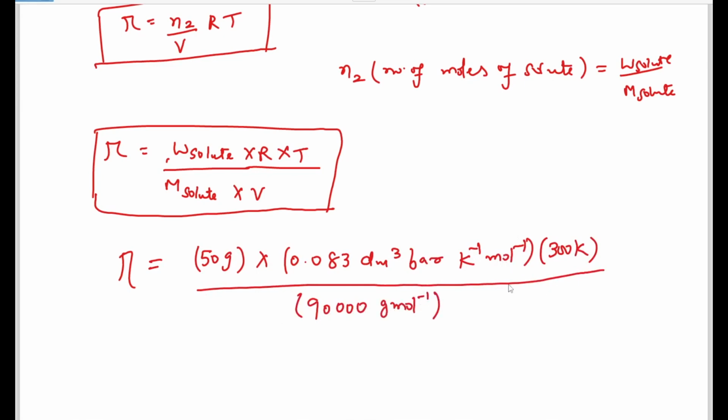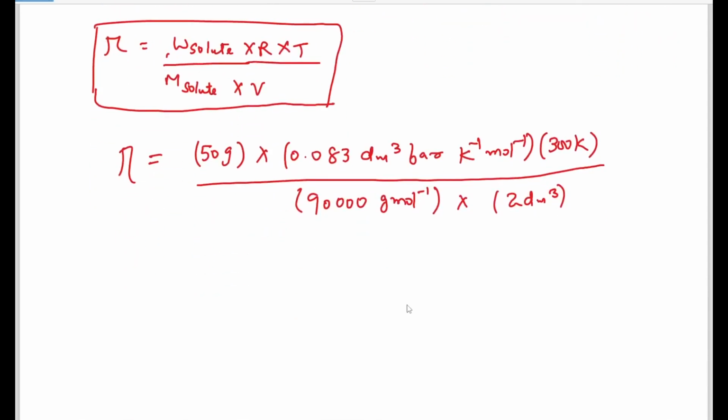We have to focus on the units also. And volume of the solution is 2 decimeter cube. Clear? So in this case, decimeter cube will cancel each other. And this is mole inverse and Kelvin, and Kelvin inverse will cancel out each other.